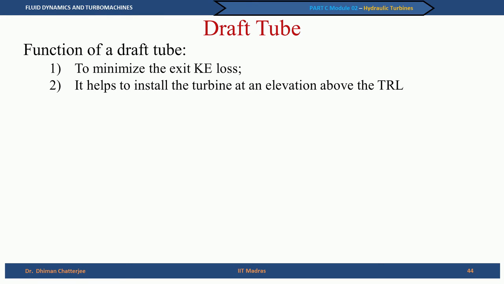First, it minimizes the exit kinetic energy loss, and second, it helps to install the turbine at an elevation above the tail rest level. If you remember, we have shown in the last class the head rest level and tail rest level. So, we revisit these concepts now and try to see how draft tube actually helps in minimizing the exit kinetic energy loss, or it helps to install the turbine at an elevation above the tail rest level.